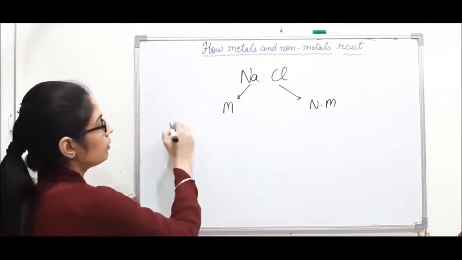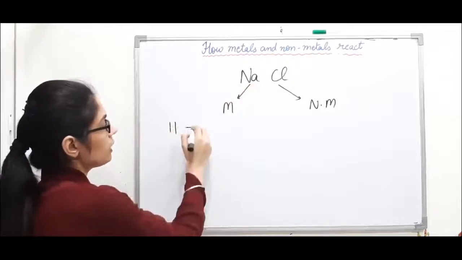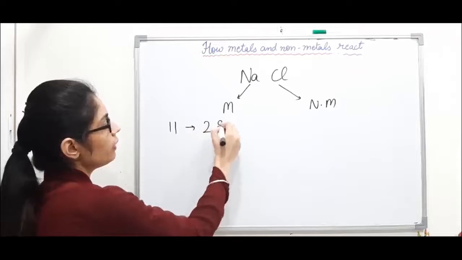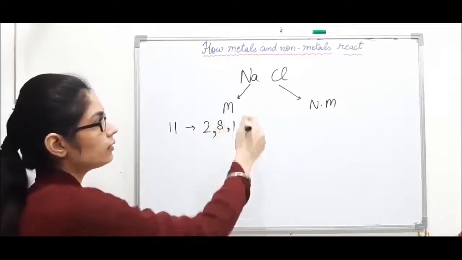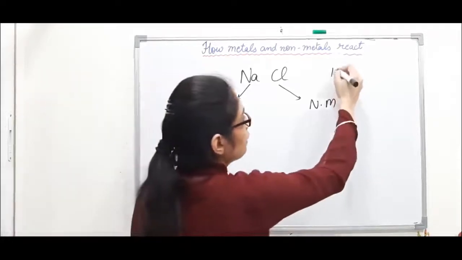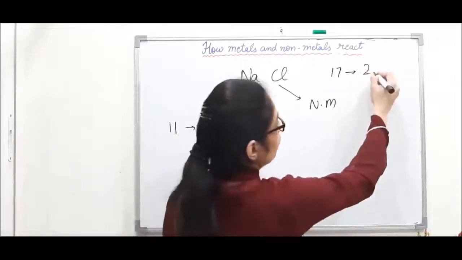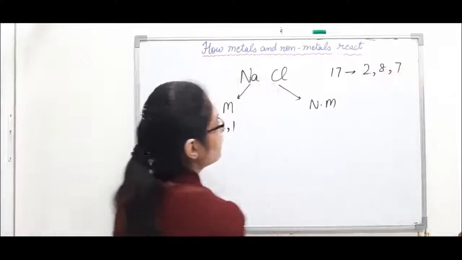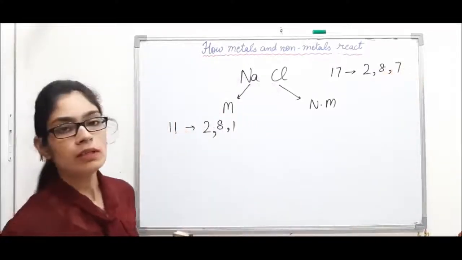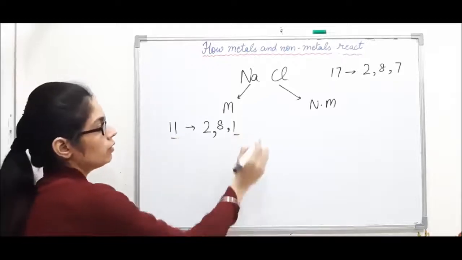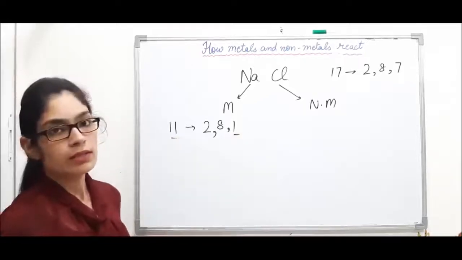Sodium's atomic number is 11, so its electronic configuration is 2, 8, 1, as we have already discussed. And chlorine, its atomic number is 17, so its electronic configuration is 2, 8, 7. In case of chlorine, 7 electrons are there in valence shell, and in case of sodium, 1 electron is there in valence shell.